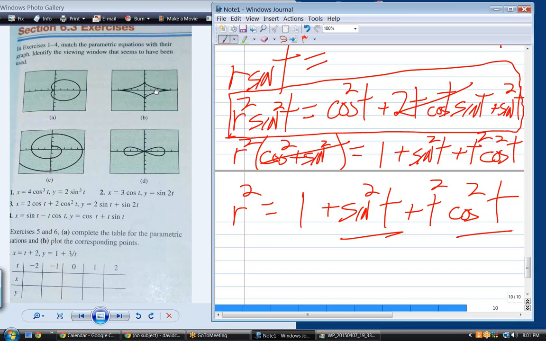In other words, this is at the end of the chapter before you turn it into polar. Oh, I think I see how they want you to do these, and it's probably not the way I've been doing them.